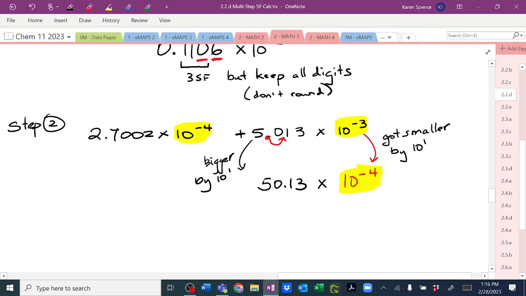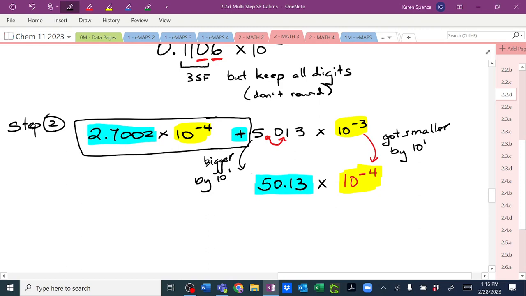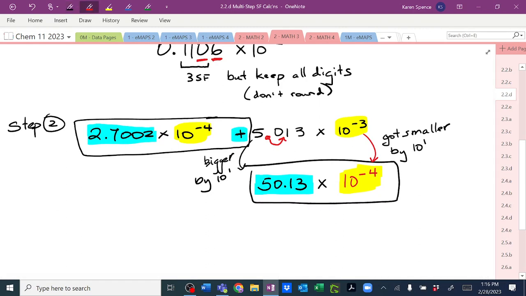So now we have 2.7002 times 10 to the negative 4 plus 50.13 times 10 to the negative 4. And we're going to factor out the times 10 to the negative 4. So our coefficients then are 2.7002 plus 50.13.